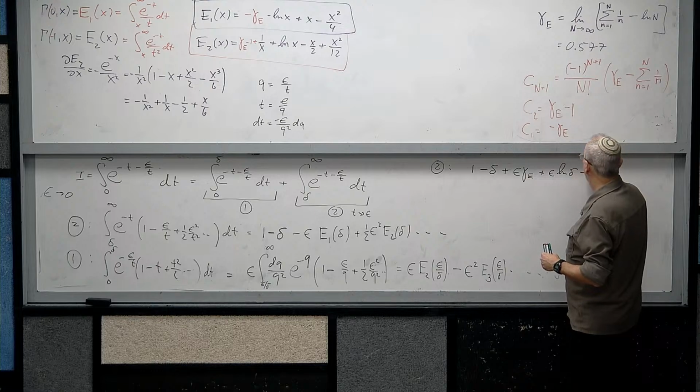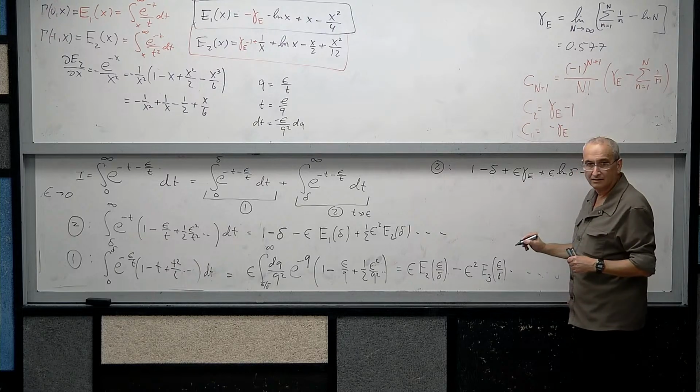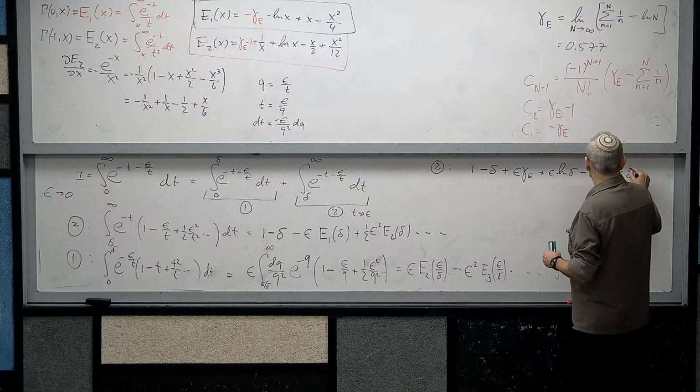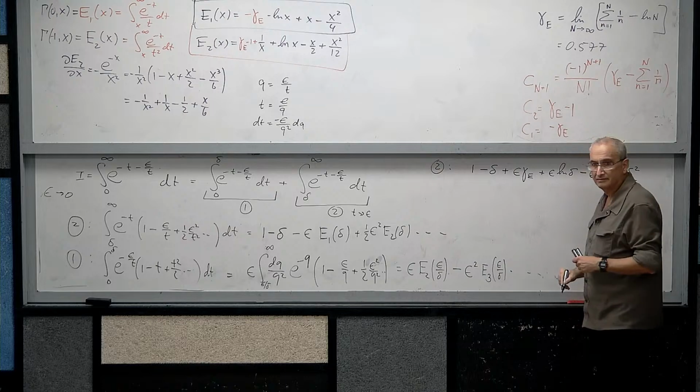Minus epsilon delta, and the next thing will be plus epsilon delta squared over 4.